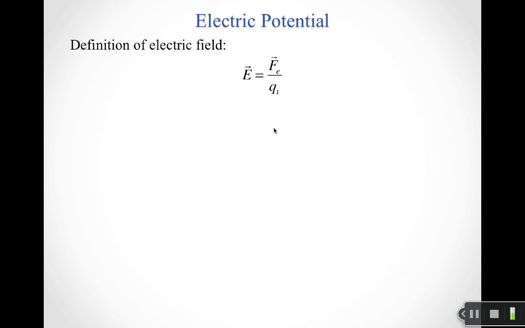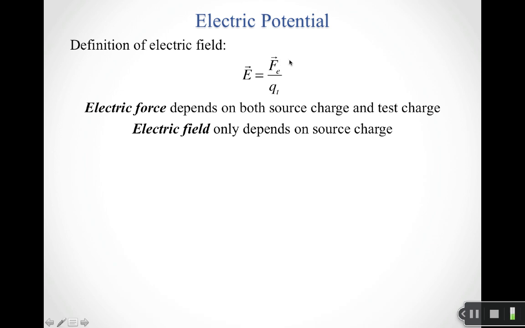All right, so now let's come back to the way we set this up last night. What we did with the electric field was we said there's this quantity called the electric force, and the electric force depends on both a source charge and a test charge. It depends on two charges. If I get rid of the impact of the test charge, then I'm left with the electric field that only depends on the source charge.